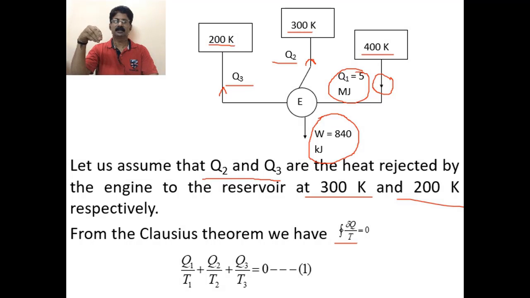From each of these reservoirs at different temperatures, a different amount of heat is transferred. So the ratio of that heat to the temperature at which the heat transfer takes place, that means Q1 by T1 plus Q2 by T2 plus Q3 by T3 is equal to 0. This is the meaning of the cyclic integral of del Q by T equal to 0 for this heat engine cycle.